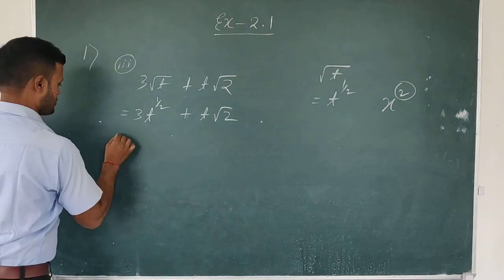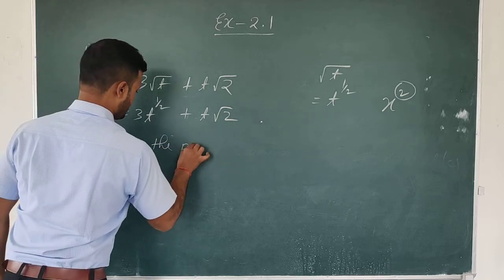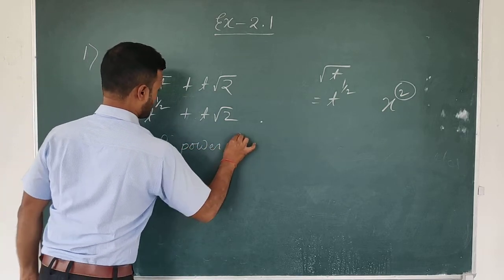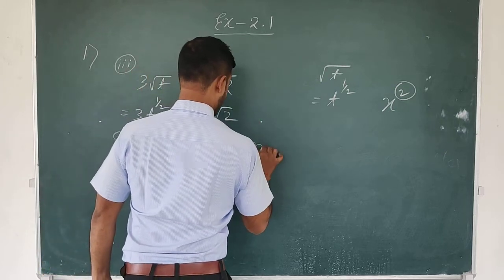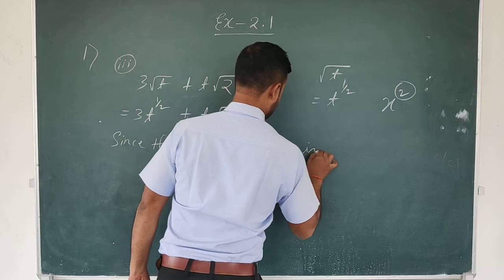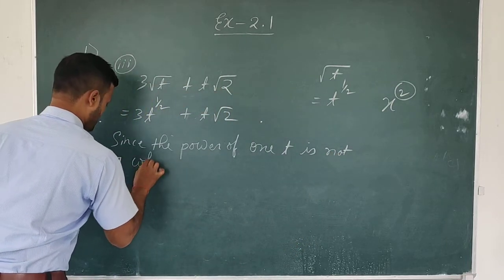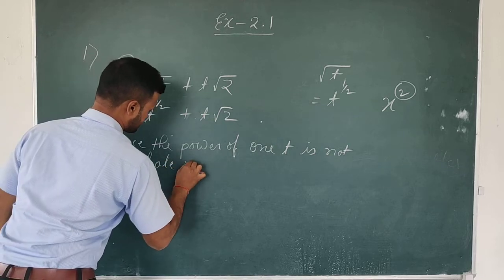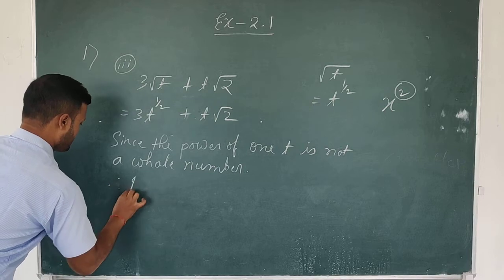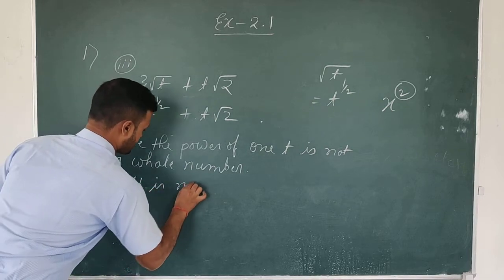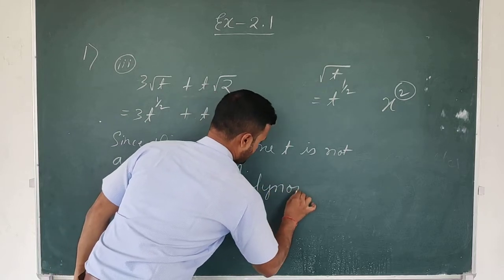So, since the power of t is not a whole number, therefore it is not a polynomial.